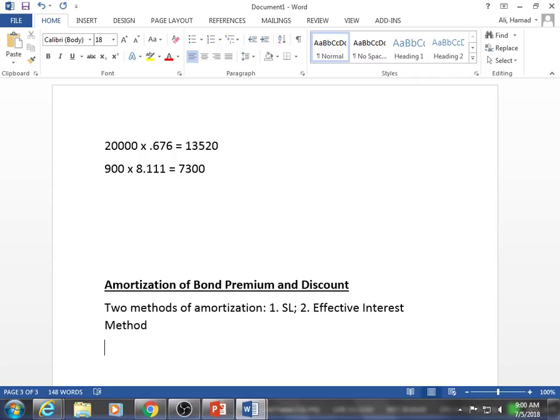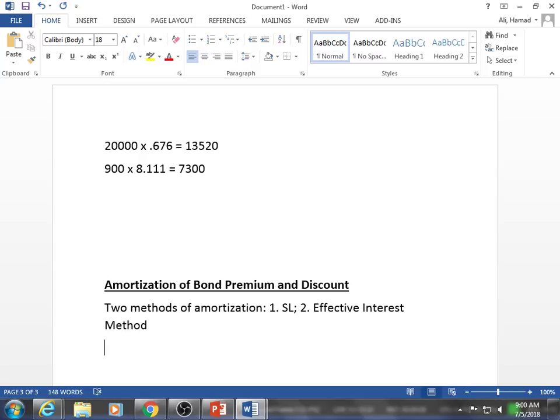Straight line method, you see that? Using the Carrot Corporation example, the one we were just doing, the interest payment dates of the bonds issued are January 1st and July 1st of each year, and the bonds mature in 5 years.